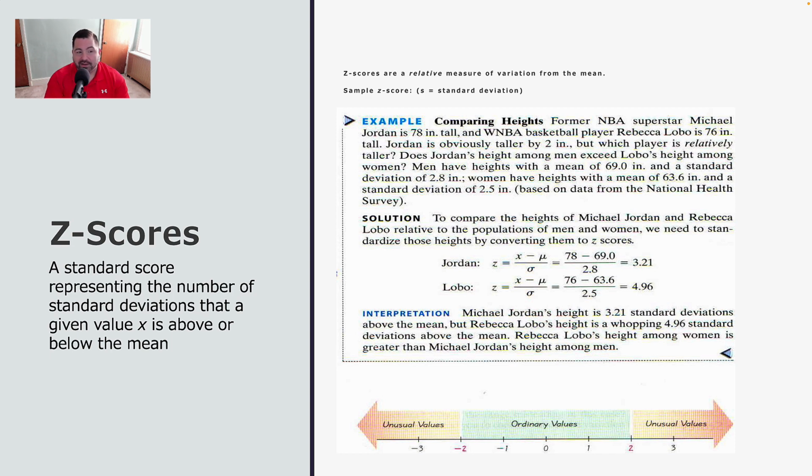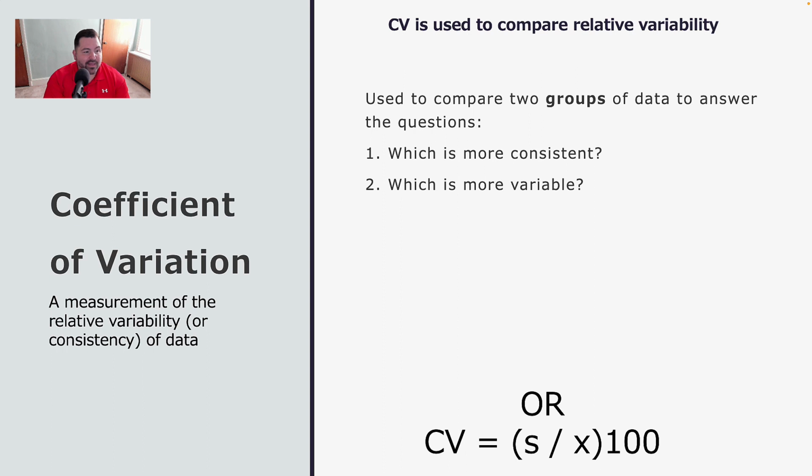So that's how you would calculate a Z-score, okay? And then the last thing to think about is what's known as a coefficient of variation. What the coefficient of variation does is it helps to measure the relative variability of data.